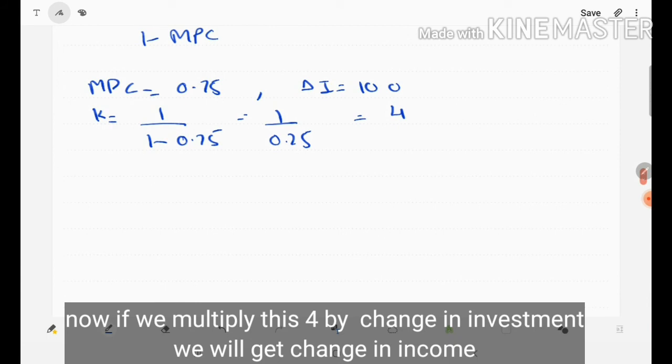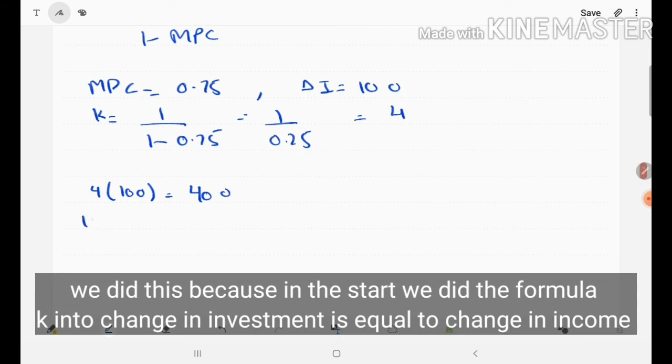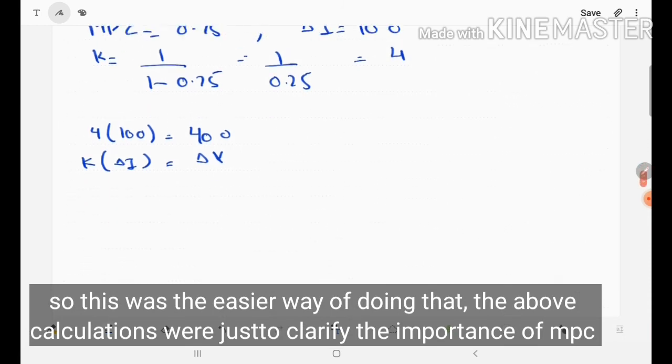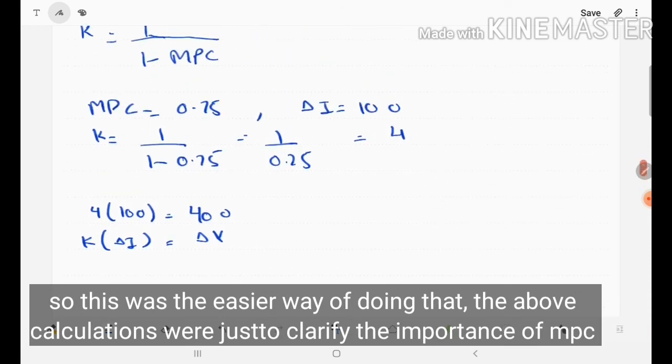Now if we multiply this 4 by our change in investment, we will get our change in income. We did this because at the start we had the formula K times change in investment is equal to change in income. So this was the easier way of doing that.